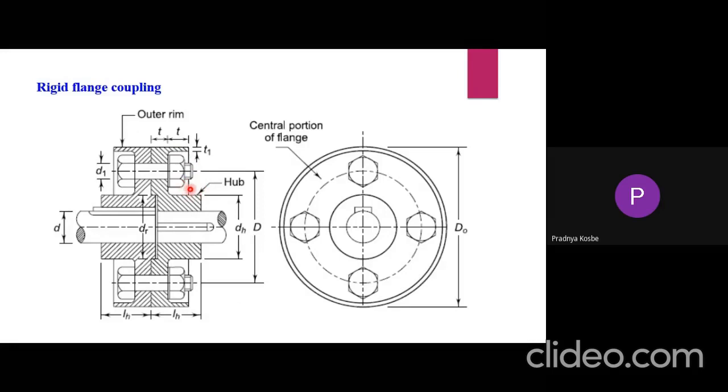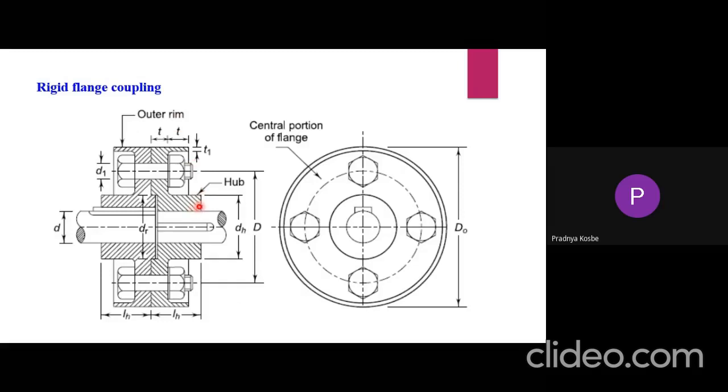And if we are using unprotected flange coupling, then there is a chance that nut and bolts can loosen, and due to that they will disassemble and they will cause harm while operation is going on, and so protection is provided over here.